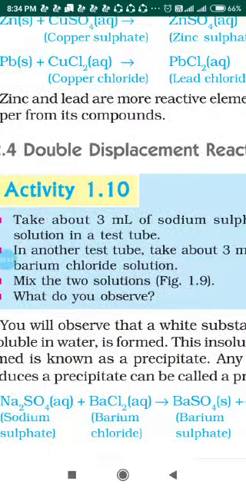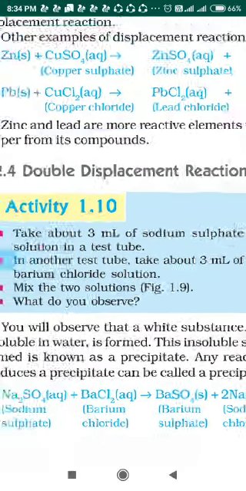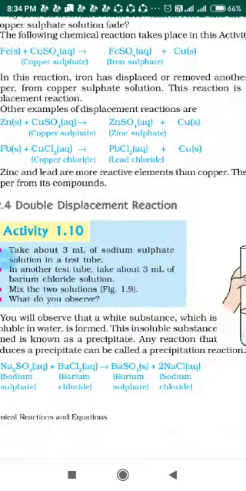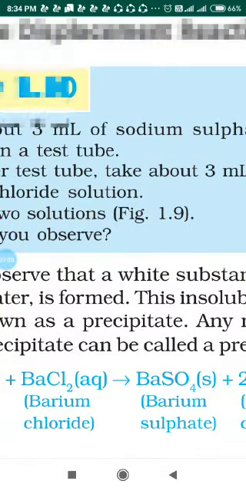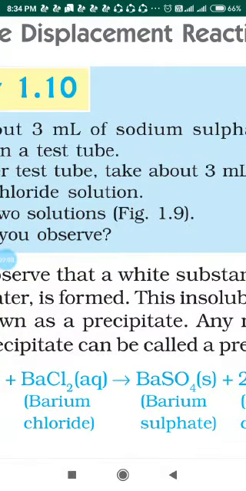Now, double displacement reaction. The chemical reaction in which two compounds interchange their ions to form two new chemicals is called double displacement reaction.